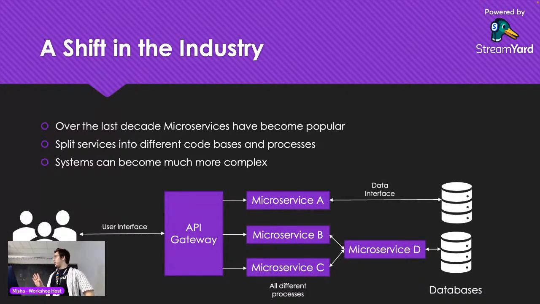So unlike the monolith, here microservices A, B, C, and D can all be different processes. The user might still interact through a single process, like an API gateway or a REST API, but in general, the idea is to make everything more decoupled and spread apart.